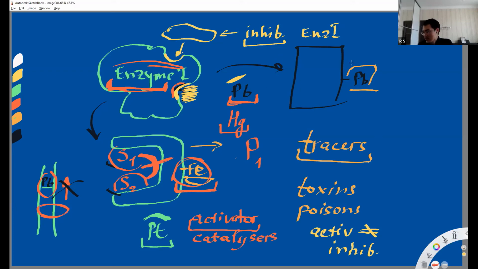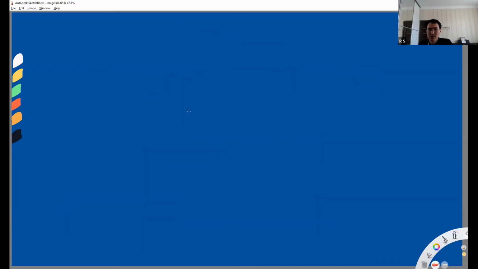Okay, so the next question was about the bonds. The covalent bond could be explained like this. Let's say there is an element 1, and it has, let's say, 1 electron on its shell.